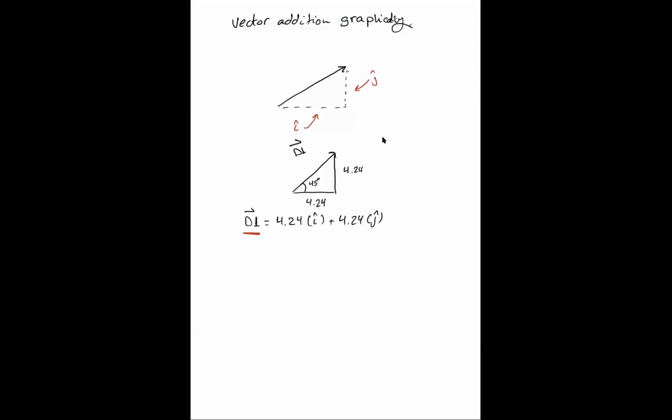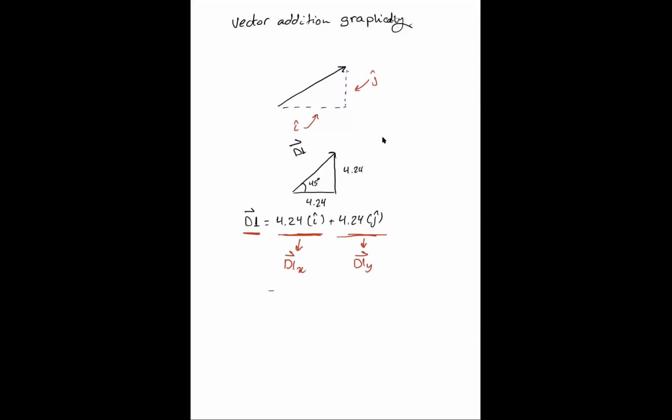When we decompose a vector into its components, we're saying that the vector D1 has two components, and those two components by themselves are separate vectors. So this is the vector D1x, and this other one is the vector D1y because it's in the y direction.